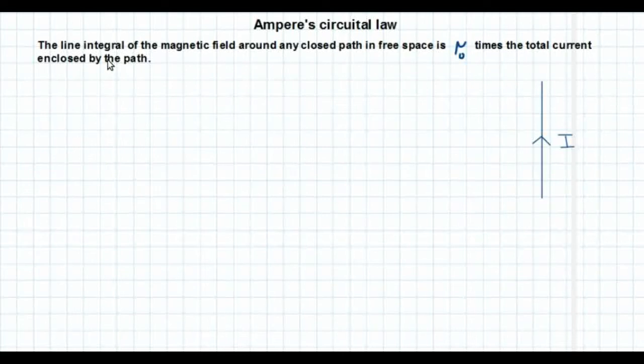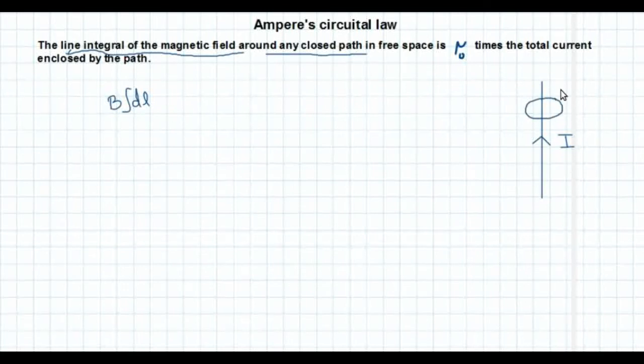Line integral of the magnetic field around any closed path means, line integral means what? Integral dl, we know. But line integral of magnetic field means it is integral dl into B, or B integral dl, or simply integral B dl, or since B is a constant, we may write B into integral dl. Then what is a closed path?